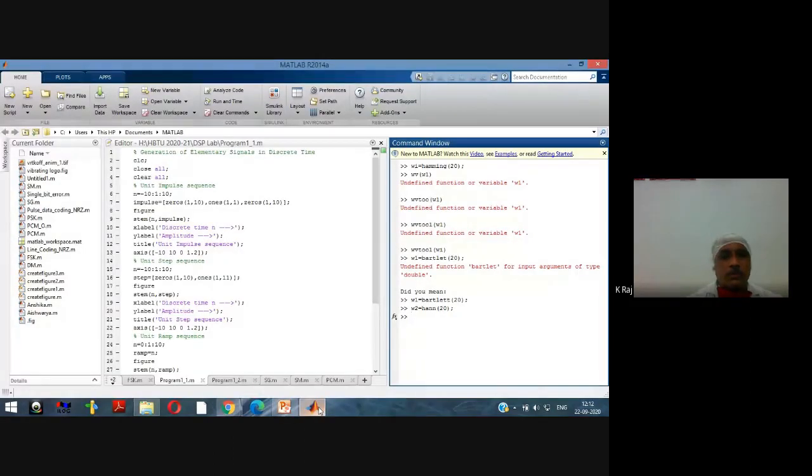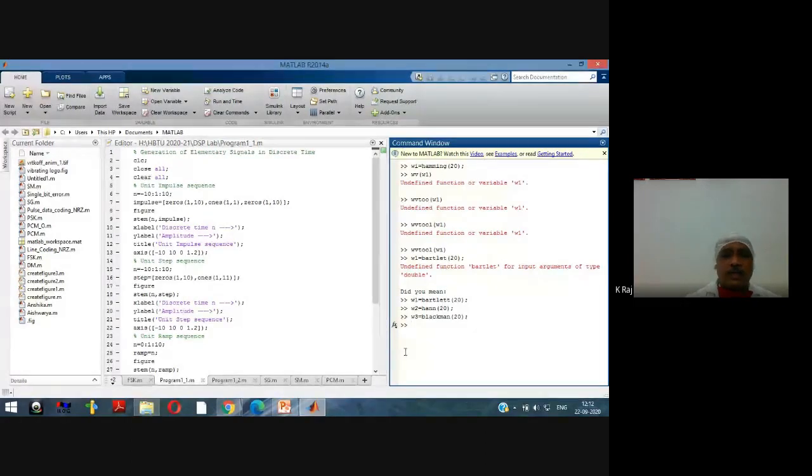So here W3 is equal to Blackman, semicolon, press enter. Now suppose we are interested in comparing these four types of windows, W1, W2, W3, and this is the WI.